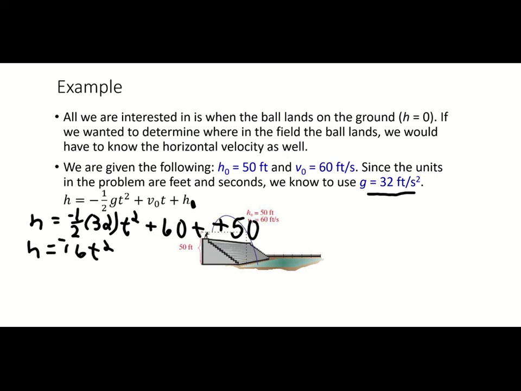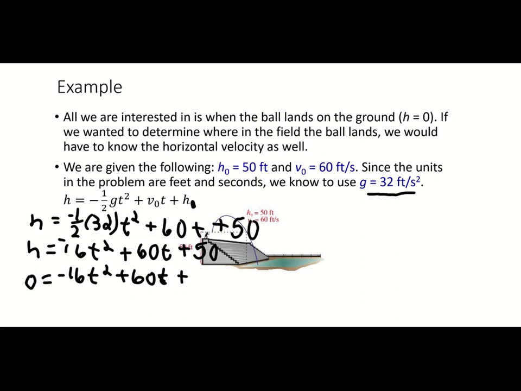If we're talking about feet per second, your first a value is always going to be -16t squared because the gravitational pull is 32 feet and it's negative because it's falling down. So we have -16t squared plus 60t plus 50. And from there, we want to know the time when the height is 0. So we have 0 equals -16t squared plus 60t plus 50.